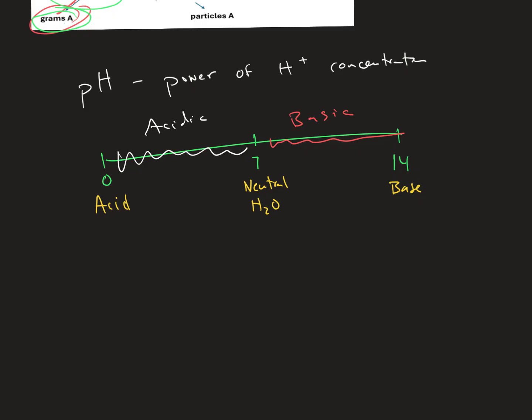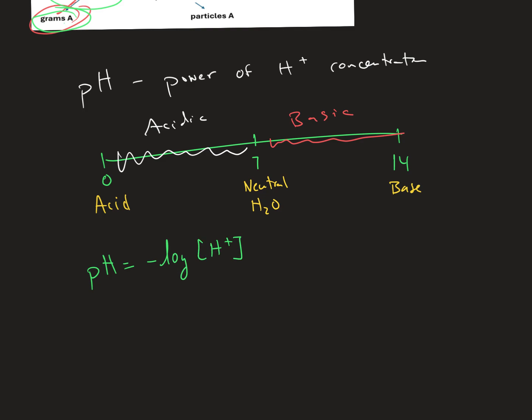All right. So here is the formula for pH. And you don't have to memorize this, but you have to know how to use it. This is if we don't have a pH strip or a pH meter. We can test that, okay? But the pH is equal to negative log of our hydrogen ion concentration.